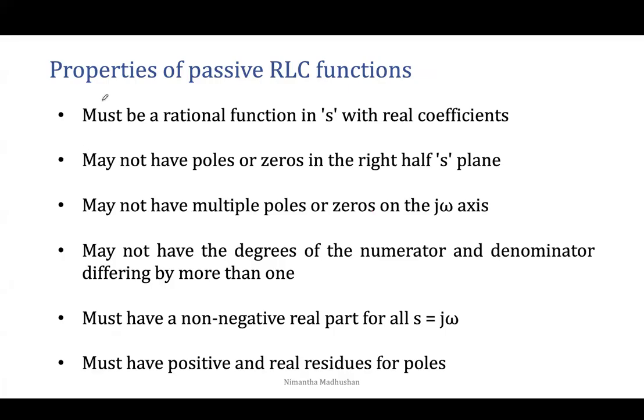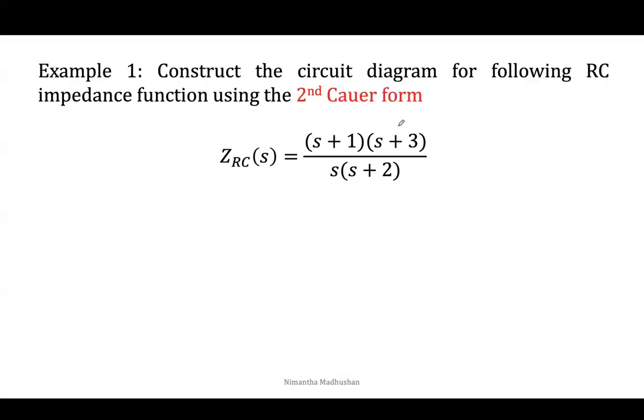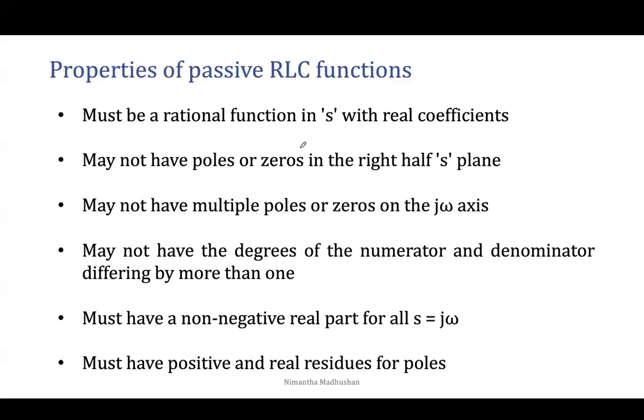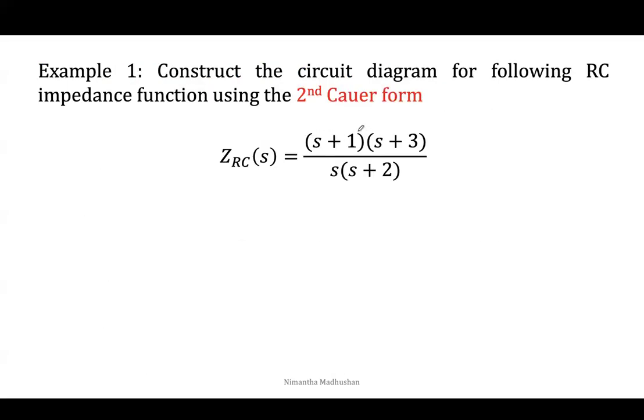The first property is that it must be a rational function in s with real coefficients. The given function has s coefficients, so the first condition is already satisfied. There are real coefficients plus 1, plus 2, and plus 3. There are no imaginary coefficients.